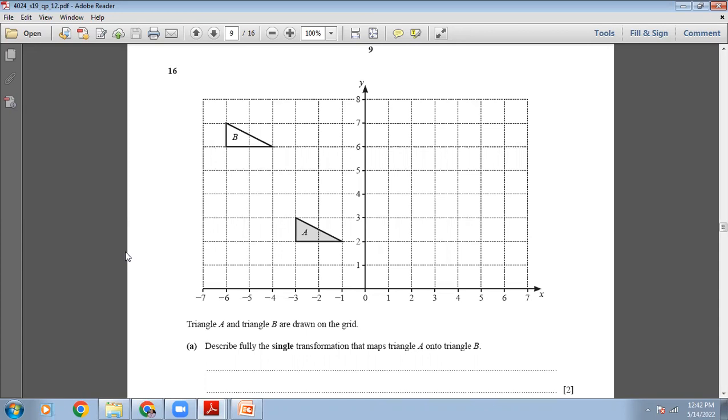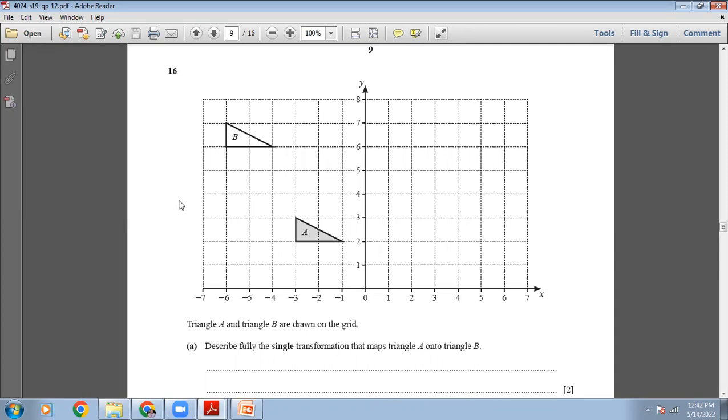It means it's a translation. If you want to find the translation, we take a vertex on the object, we take the same vertex on the image, and we see how much you have moved on the x and how much you have moved on the y. If you look at it, 1, 2, 3, so you have moved 3 steps to the left on the x-axis, and then you have moved 1, 2, 3, 4 steps upward on the y.